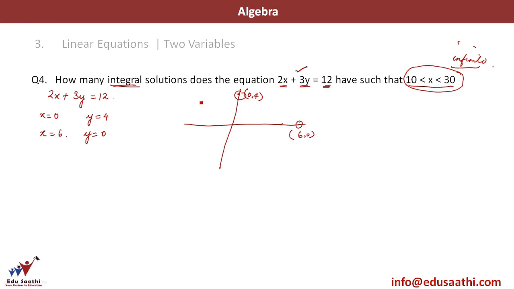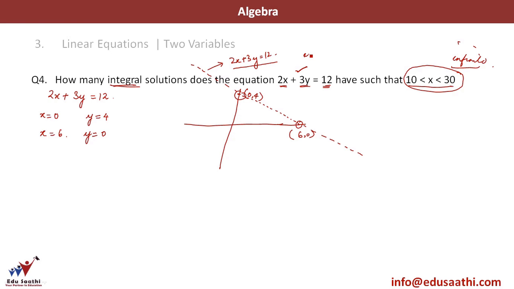Now if I join these 2 points and extend them till infinity, this will be the graph for the equation 2x plus 3y equals 12.